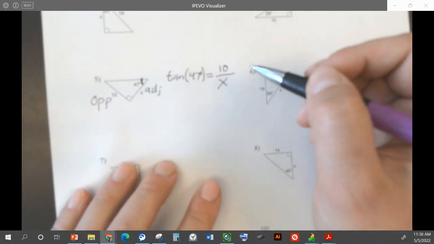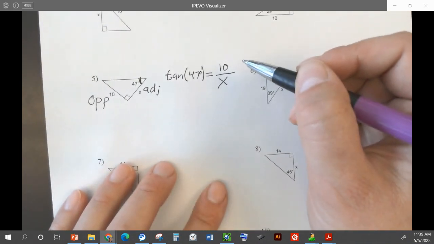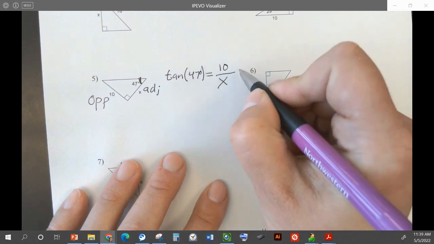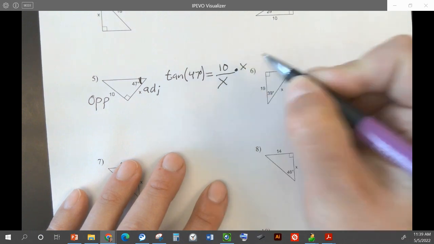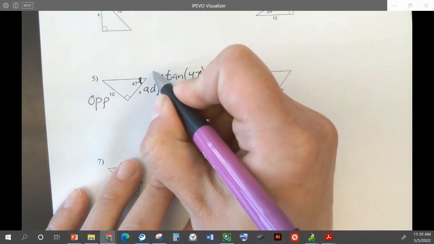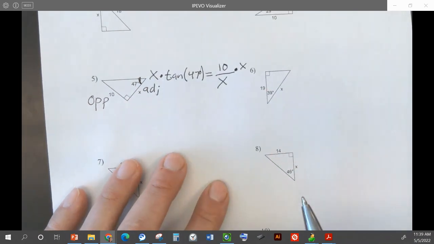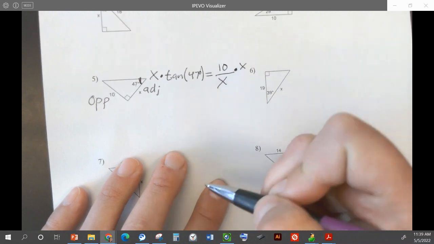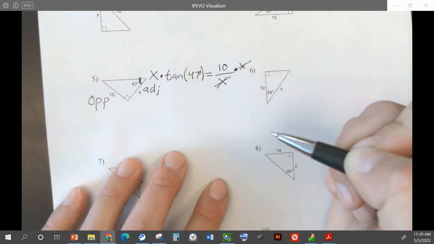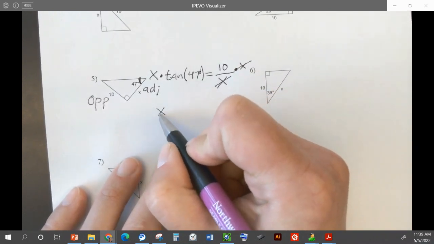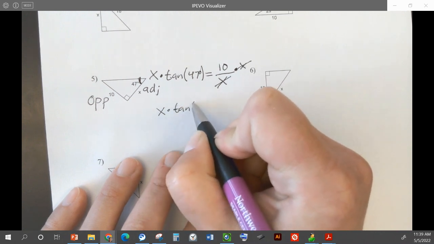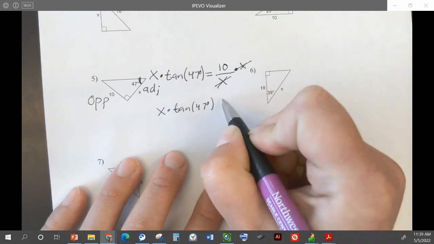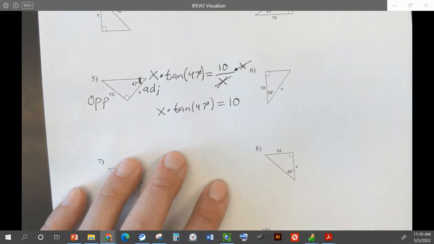So we can think about this a few different ways. I'm going to do the long way first. So the long way is we're going to multiply both sides by x to get x off of the bottom. It's hard to solve for x when x is on the bottom. So the first thing is multiply by x. So x divided by x cancels. Then we have x times tangent of 47, and that gives us 10.